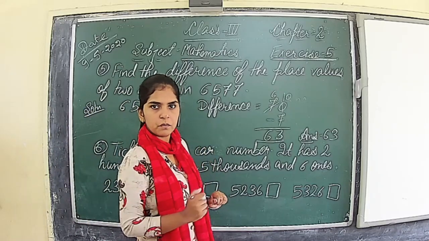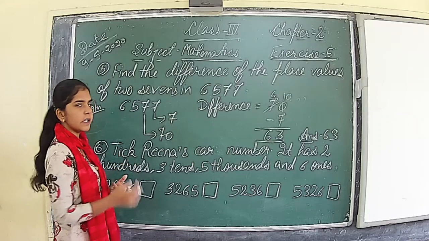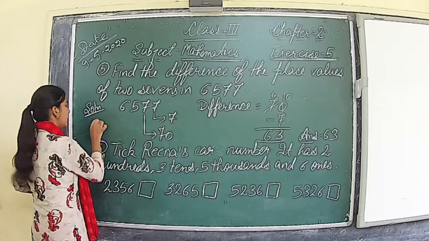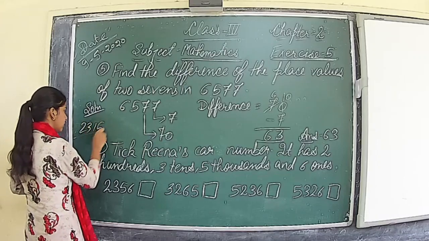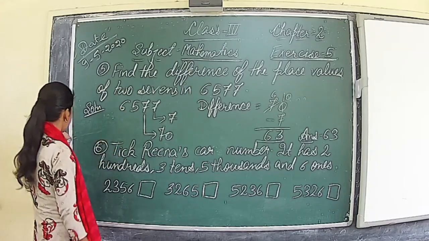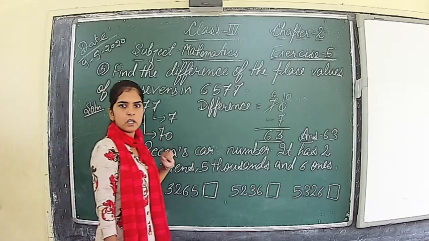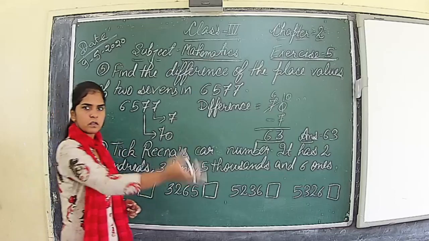Generally you know that whenever we are writing the number, we always write a number like this. It means we always start writing our number from left hand side. And whenever we want to read the places, we always start from our right hand side.